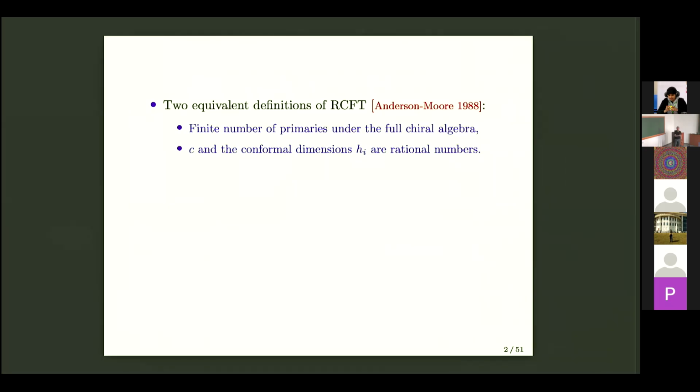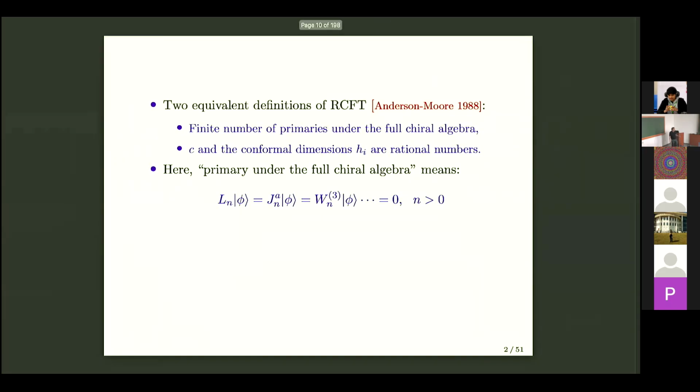Here I'm referring to the left-moving numbers c and h; there are similarly c bar and h bar, subject to some constraints. Each of these points is true if and only if the other one is true, so either one can be a good definition of rational CFT. This equivalence is a theorem due to Anderson and Moore.